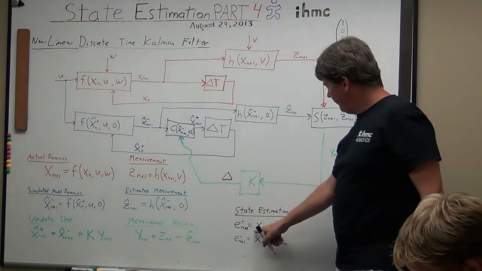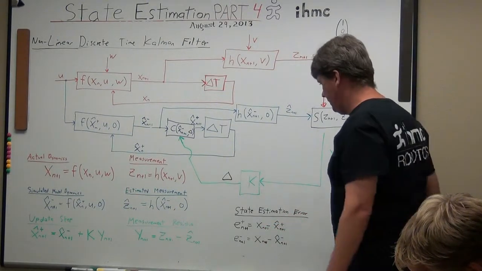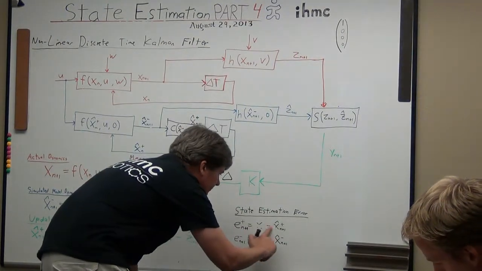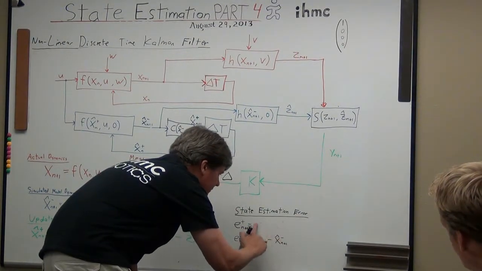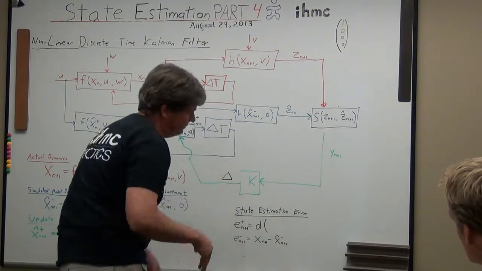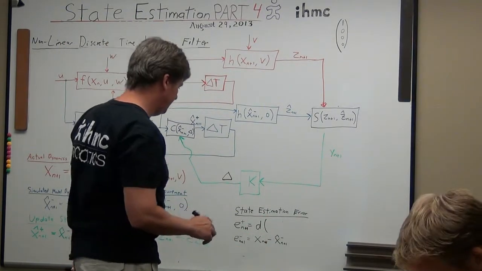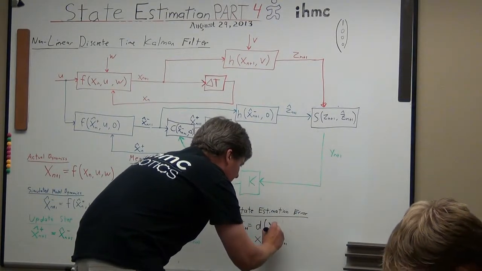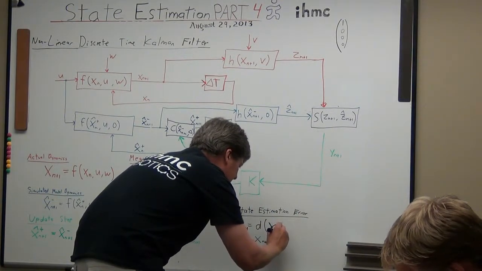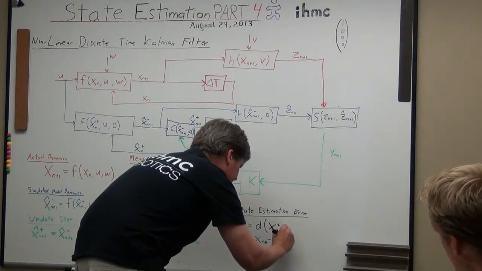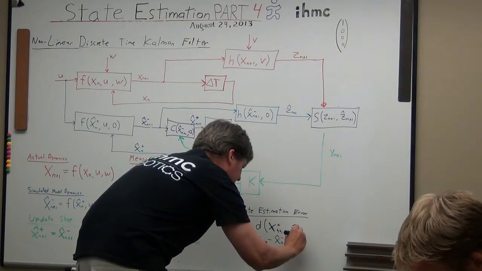Okay, so now we're going to redefine our errors. Instead of subtracting them, we're going to make it a function of the two values. So the error is going to be this function d, or think of it as being difference.